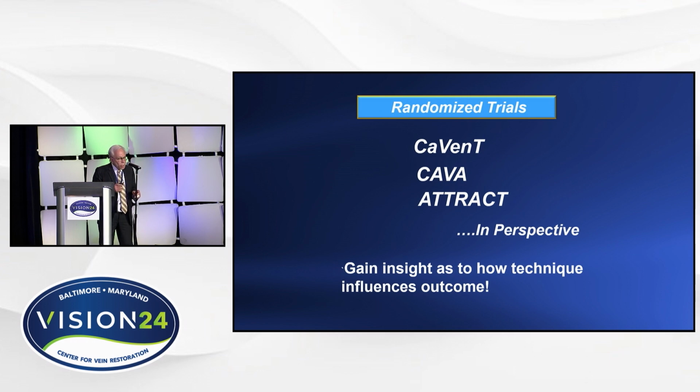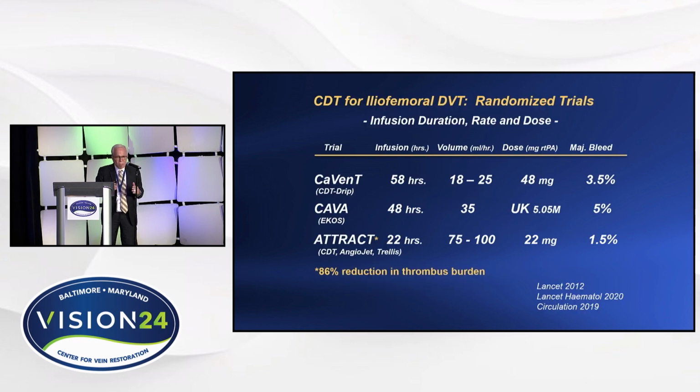But if we look at the detailed results of these three trials head-to-head and put it into perspective, I think we can gain some insight. So here are the three trials. Remember the KAVENT and the CaVenT trial, just plain low volume drip technique, and the ATTRACT trial, pharmacomechanical thrombolysis, high pressure pulse spray up front, and a high volume delivery of the lytic agent.